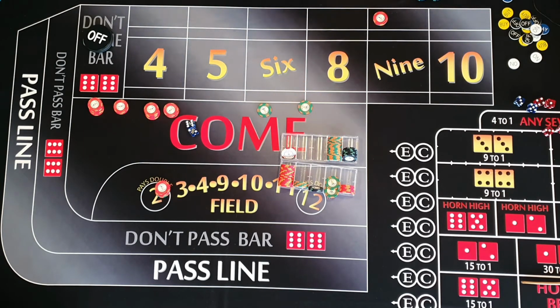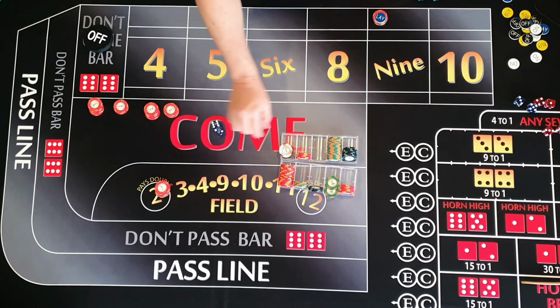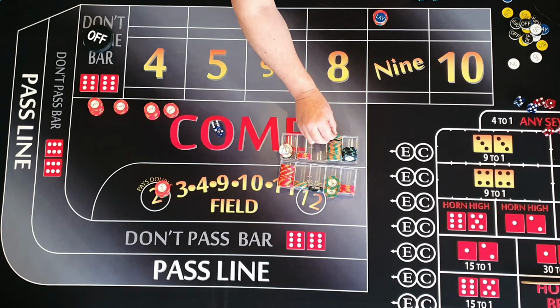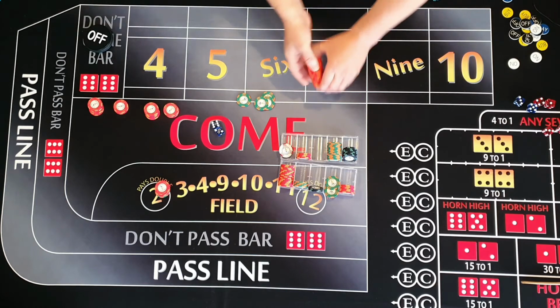I'll get some reds. Need to double our bet. Just to be clear, this is a lay. Put it back in the rack. In fact, what I should do is just grab a bunch of reds because we're going to need them.